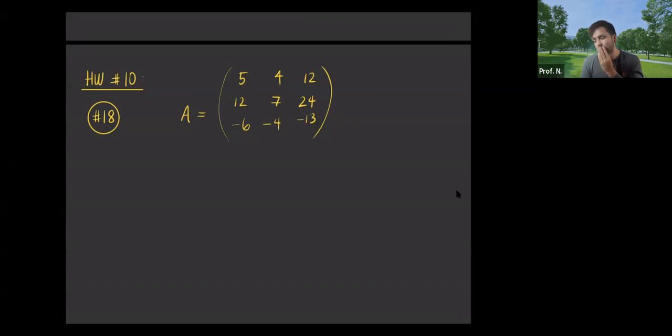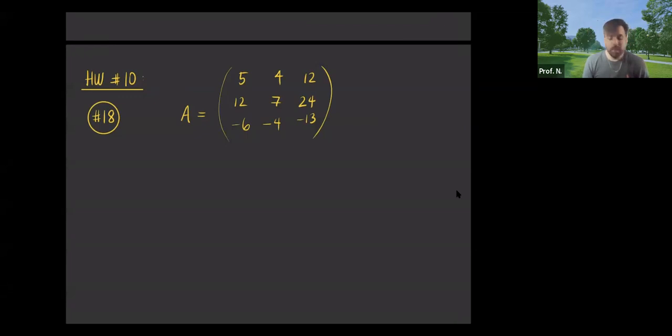I don't know if it's tricky, because it's finding the diagonalization of a matrix A. So it's pretty straightforward. What might be tricky is the matrix they give you. So that might be a problem.